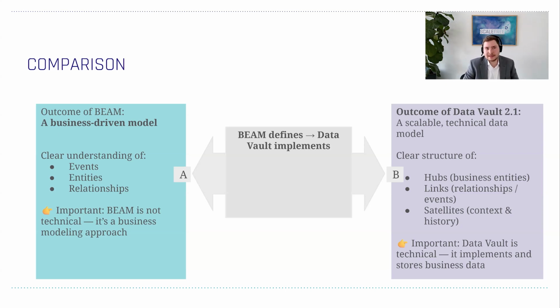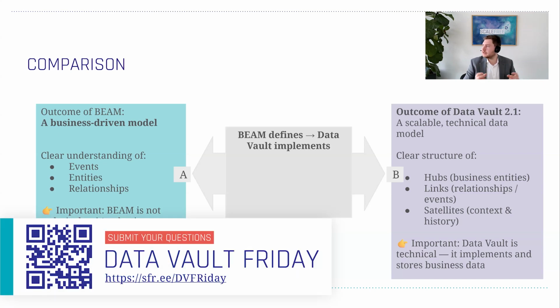And then the satellites in the end are context and history, right? Describing attributes. And Data Vault is more technical, and it implements and stores the business data in the end, right? That you modeled before that. And I think you can already tell from this slide alone, there are really big, how do you say it in English, actually, really big synergies there, right?